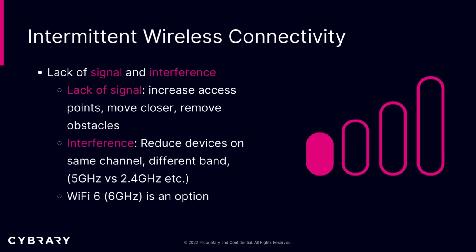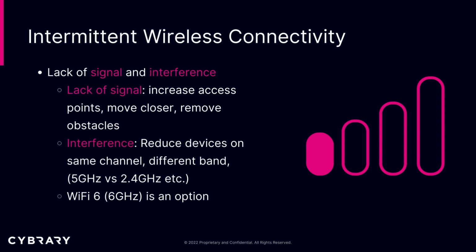Now, to avoid common interference, what you want to do is look at a different band. Say, for instance, if you're using 2.4 gigahertz, you may want to switch to the 5 gigahertz band. Using 5 gigahertz won't guarantee you an interference-free connection, but it will provide a better connection than the 2.4 band.